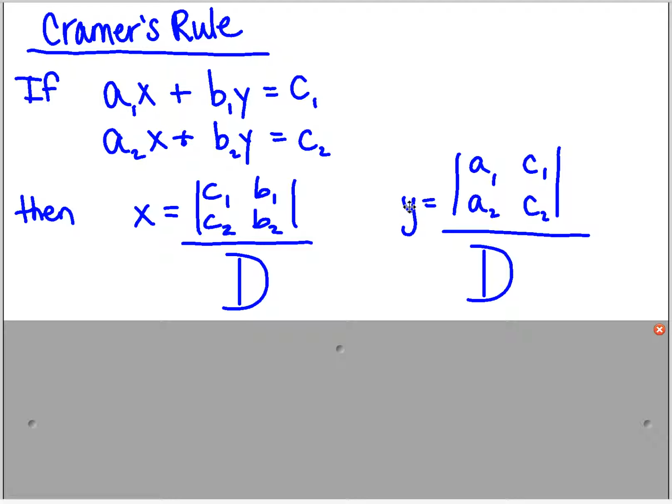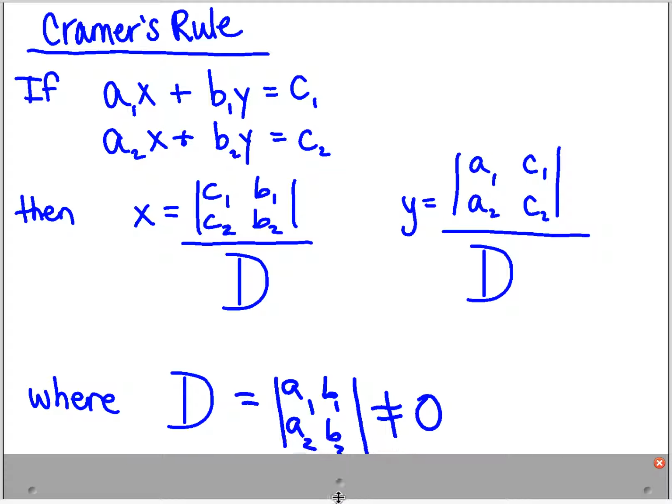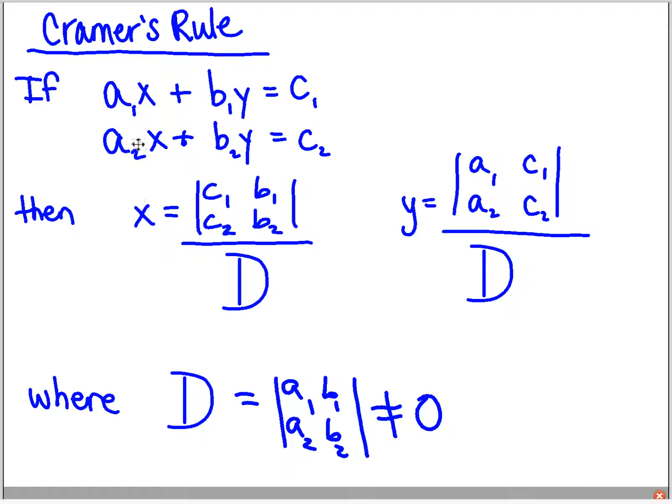Then y equals the determinant of your coefficients in front of x in the left column, and your constants in the right column. Find that determinant using the same diagonal, the top left times the bottom right minus the top right times the bottom left. Then you divide it by determinant D, which is the determinant of just your coefficients, the a's and the b's.